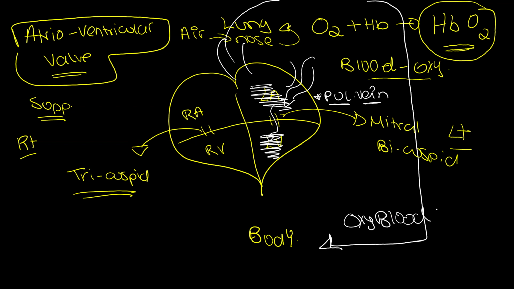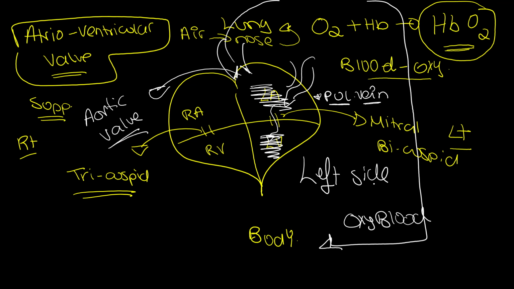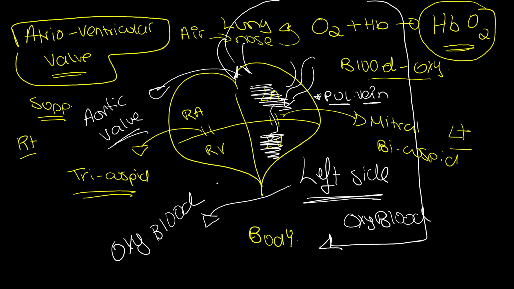There is a valve just below the aorta that has a very easy name. It's called the aortic valve. And this is the flow of blood in the left side of the heart. The left side of the heart always holds oxygenated blood. That is why the left side of the heart in biology books is always colored in red, because red blood is blood that is rich in hemoglobin and rich in oxygen.